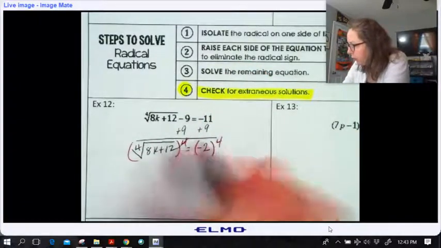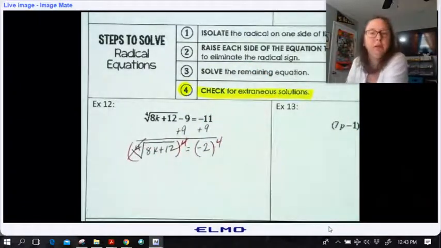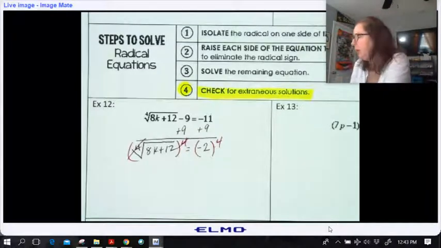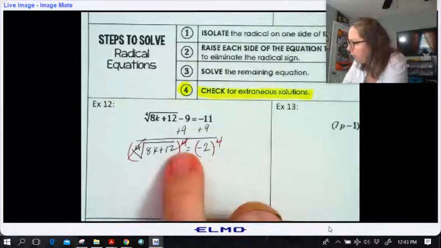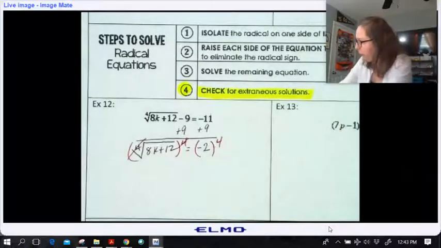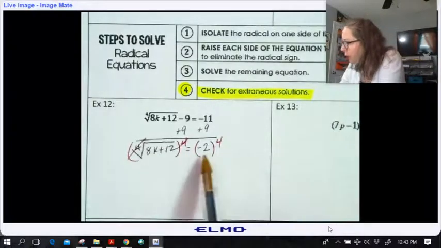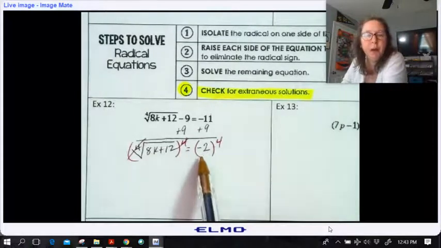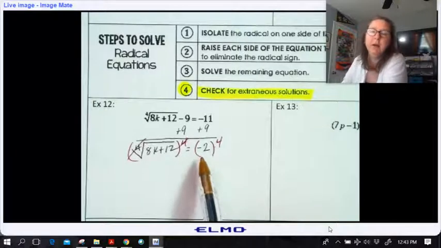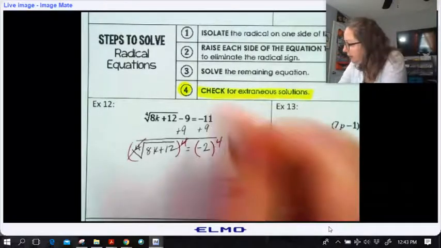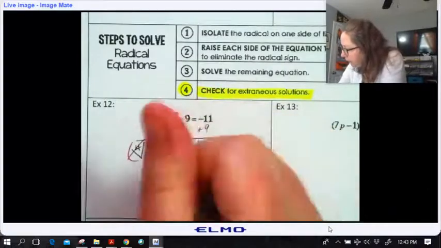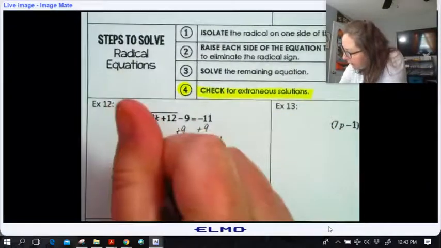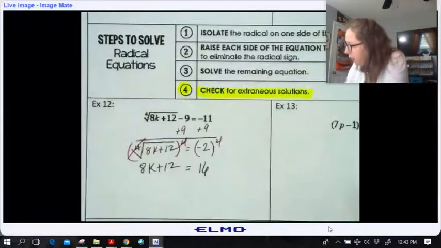I usually say our square and our square root cancel, but same thing. Our fourth power cancels out our fourth root. Negative 2 to the fourth power is going to be 16. And then on this left side, I have 8k plus 12.